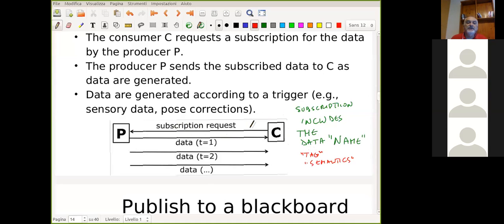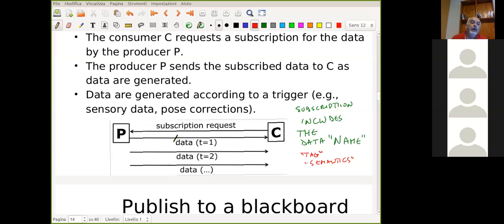So that's the subscription phase, and there is also the unsubscribe. Sometimes C can say, I don't want to have data of that type coming from P. And another important point: it is a very complex, rich model of transmission.